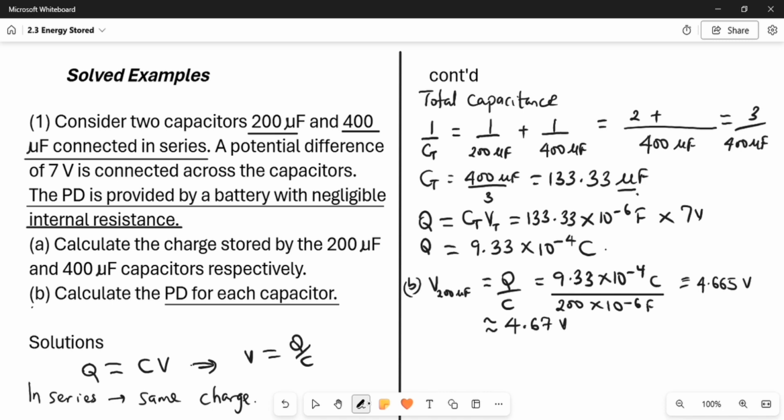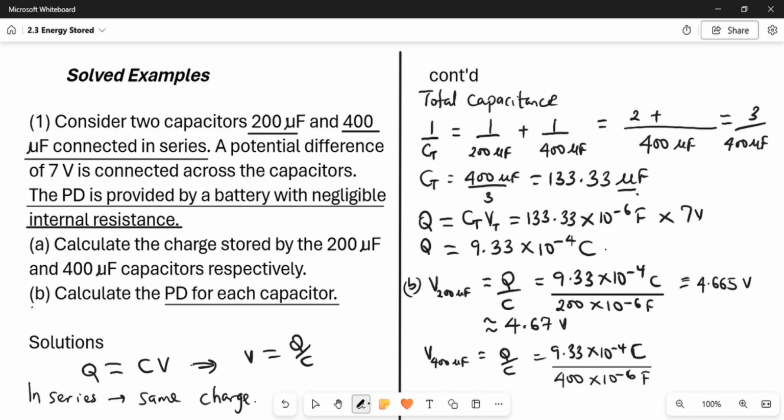Then for the 400 microfarad capacitor, we have Q over C, which is 9.33 times 10 to the power negative 4 coulomb divided by 400 times 10 to the power negative 6 farad.